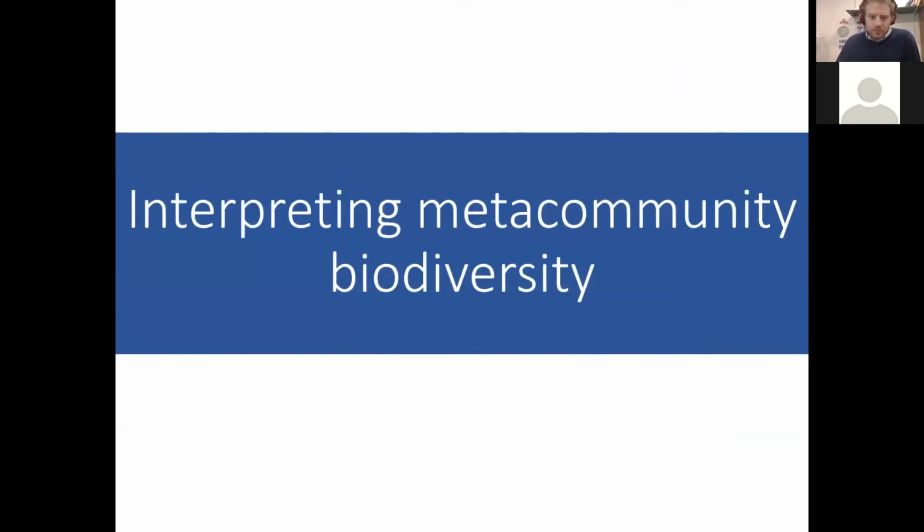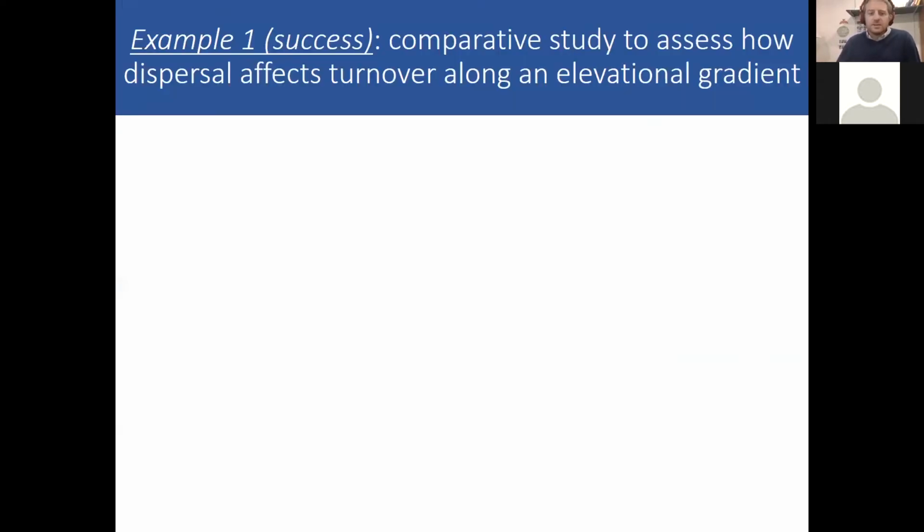Okay, so when we're using the metacommunity framework, how do we interpret biodiversity? And is it appropriate to infer process from pattern? This has been a debate in the literature for a while. First I'll give an example of a success at an LTER site, where folks have been doing a comparative study to assess how dispersal affects turnover along an elevational gradient.